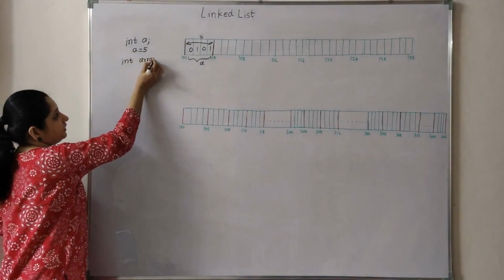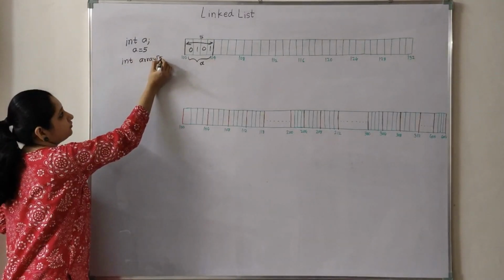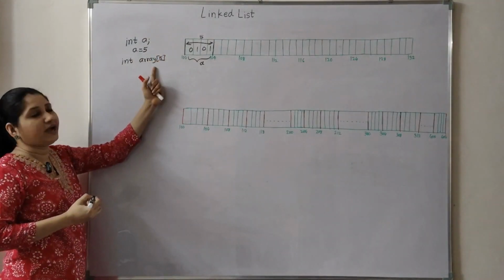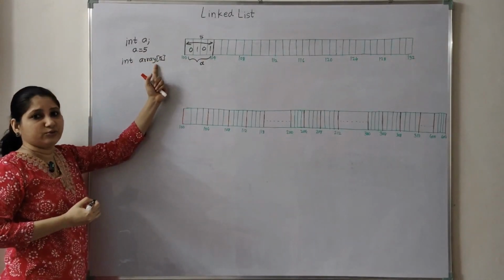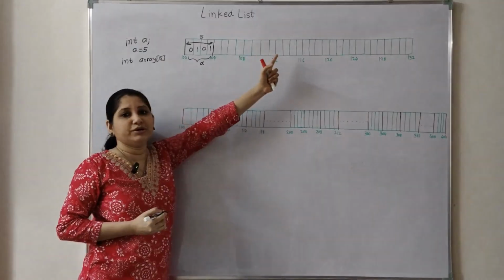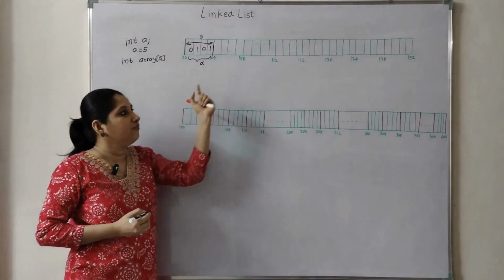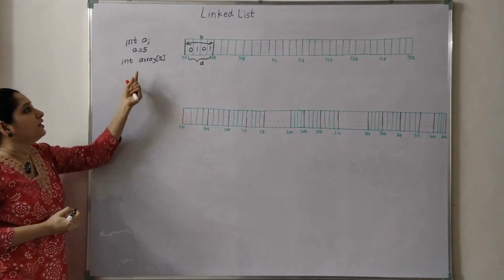After that, if we are storing an array, we can store it as an integer array of 5 elements. In that array, the total number of elements is 5. How will these 5 elements be stored in memory? If we are using an array, we require a contiguous memory block.